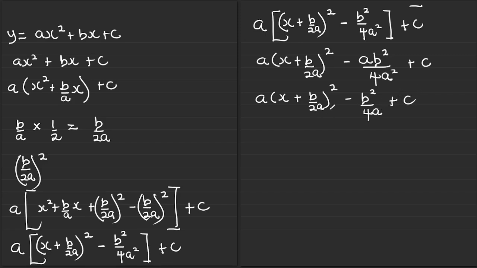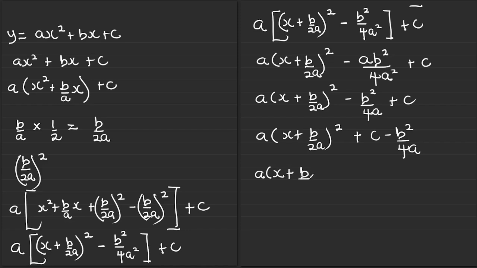Here's what we have. Now, if we want to rewrite this nicely, then we can say we have our a into bracket x plus b over 2a all squared plus c, then minus b squared all over 4a. Once again, if you want to simplify this further, you have our a into bracket x plus b over 2a all squared.